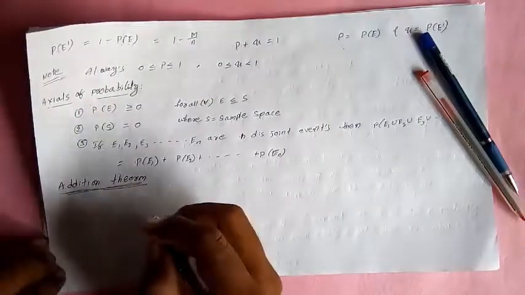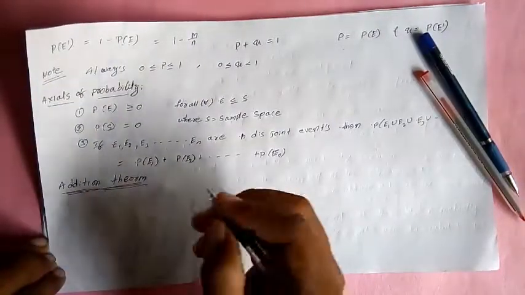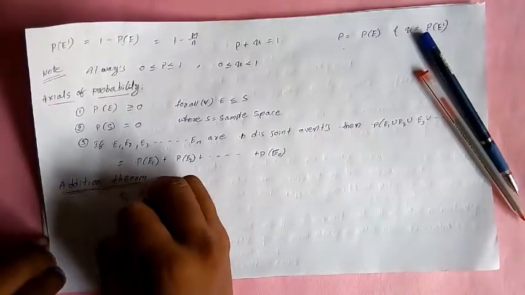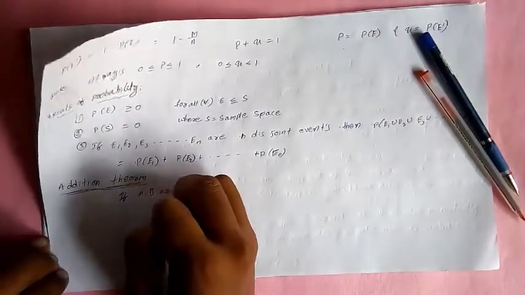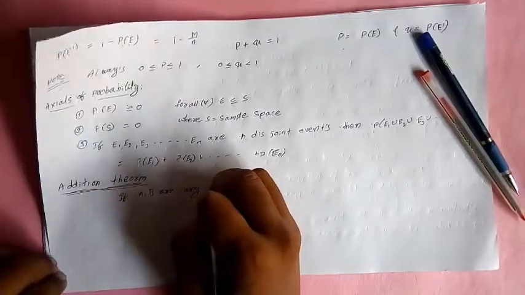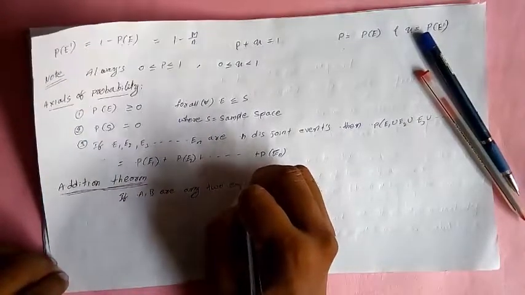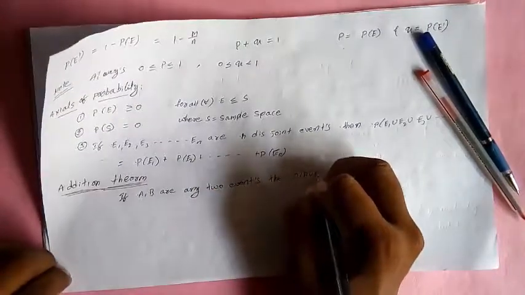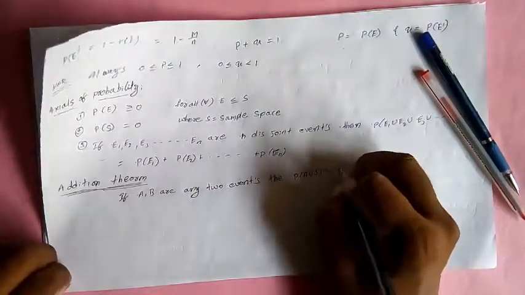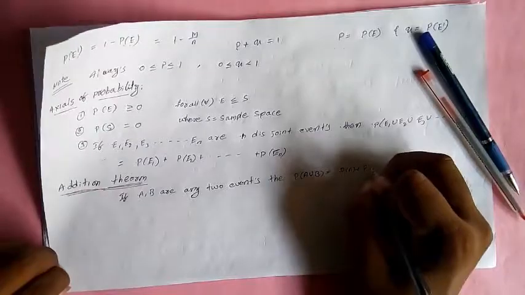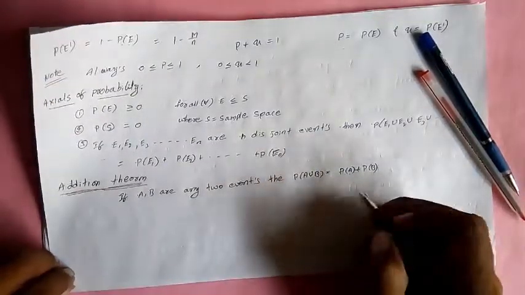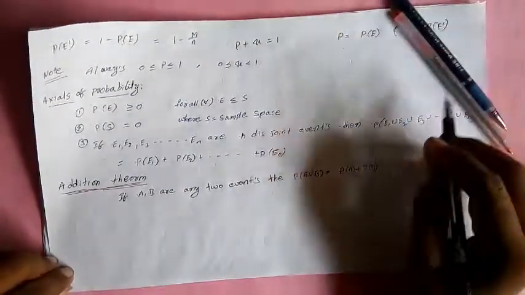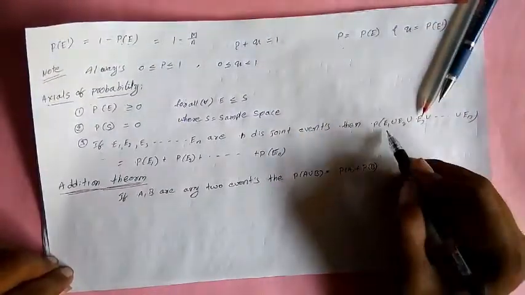There is no long statement, and there is only one definition. If A and B are any 2 events, then P of A union B is equal to P of A plus P of B. As we know from the above 3 formulas, this is P of E1 union E2.